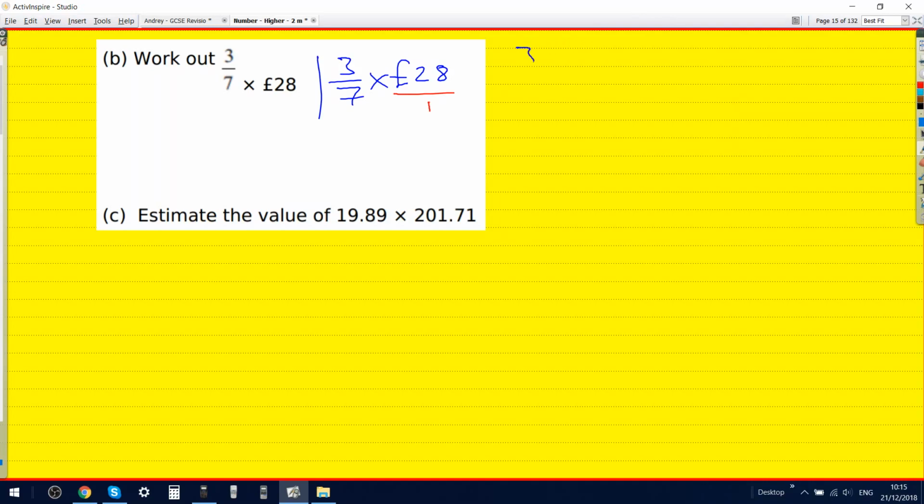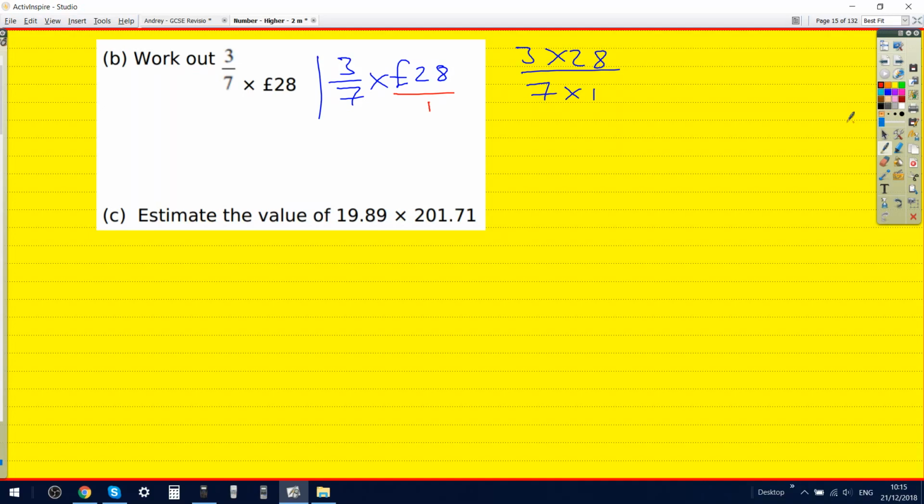True. So 3 times 28 over 7 times 1, let's say. With BIDMAS, you can divide and multiply in any order. Is there anything there you can divide? So 28 divided by 7, yeah, and that would be 4. Yeah. 28 over 7 is the same as 4 over 1 or 4.